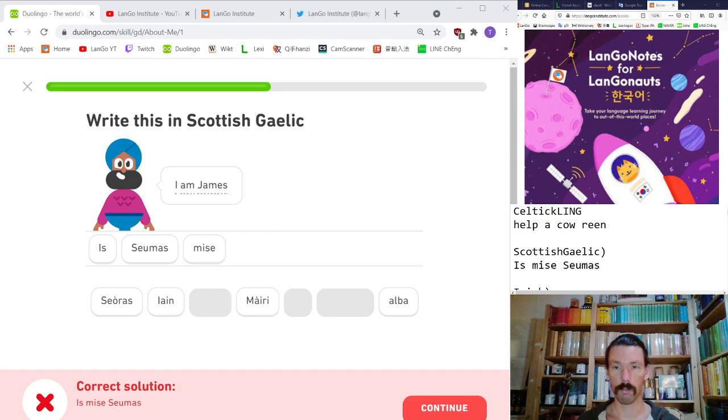Means I am James. Seamus. And it's verb first. The subject, if it matches the English. Reason to doubt it from my knowledge of Irish, but we'll take their word for it that this is correct.